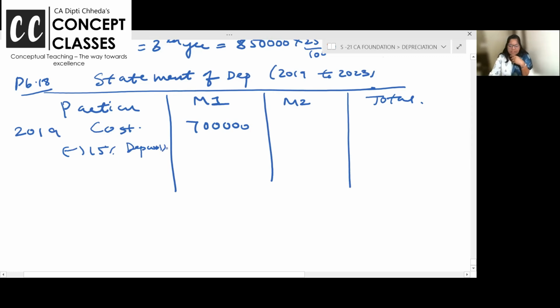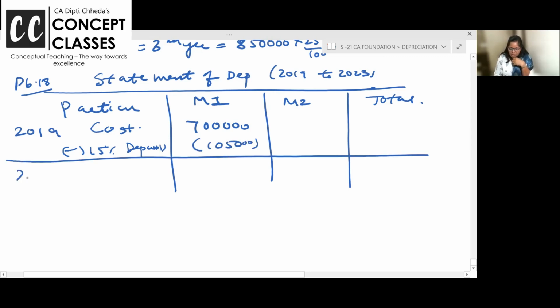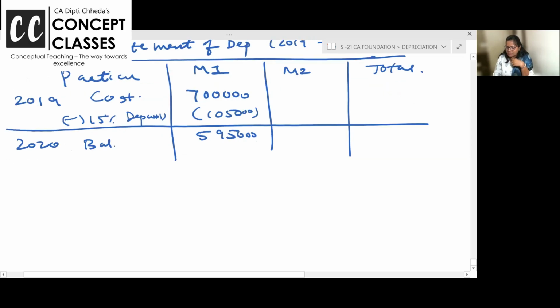So 15% will come to 1,05,000. Sometimes the pen is not working. Yes, this is the position. Now come to 2020. What is the balance? 5,95,000.